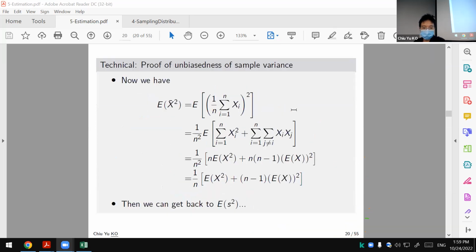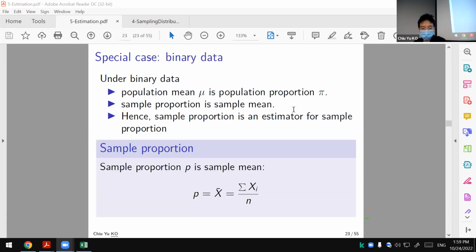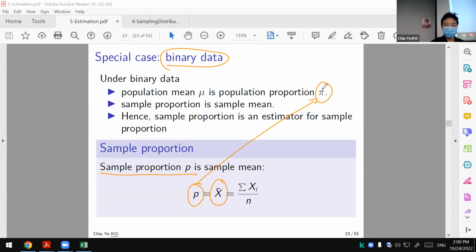Now, the next part is very simple. A special case: for binary data, we know the sample proportion is the sample mean. So the sample proportion is a good estimator for the population proportion, because it is unbiased.